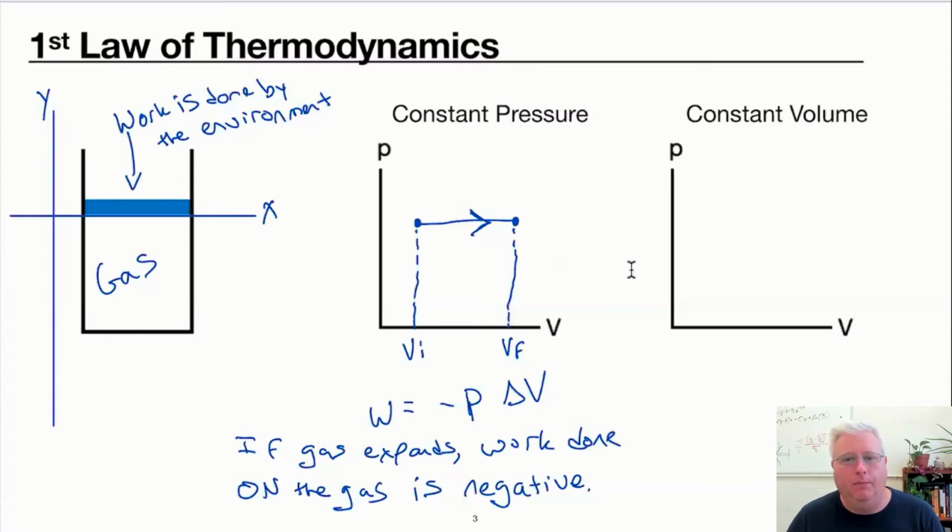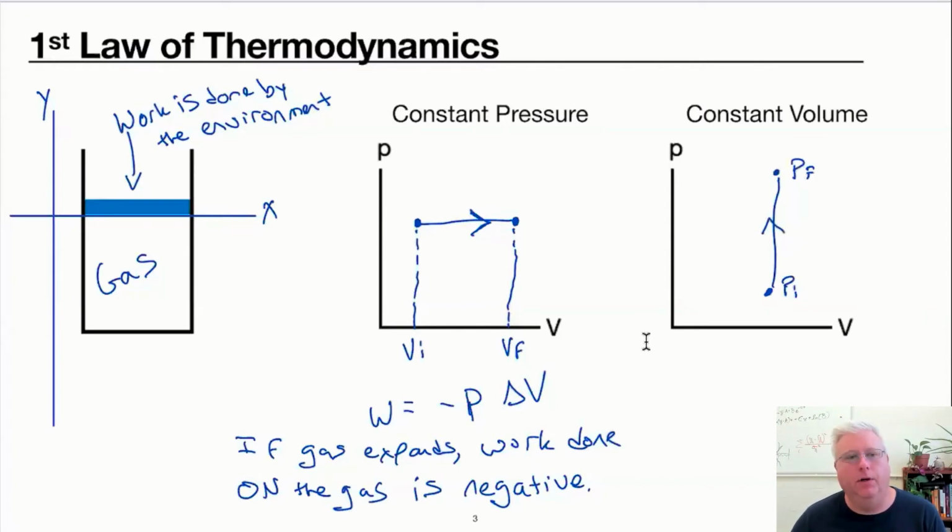Okay. So what about a constant volume process? Remember we said the volume was constant, then maybe the pressure changed, so it's going to look like a vertical line.